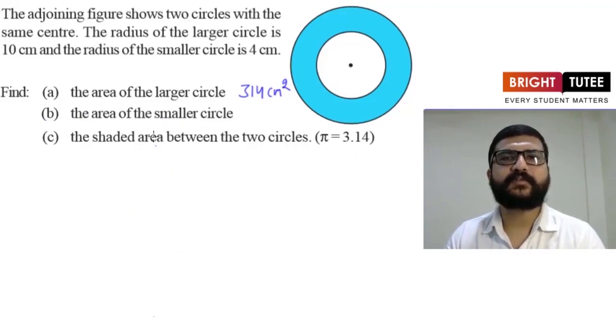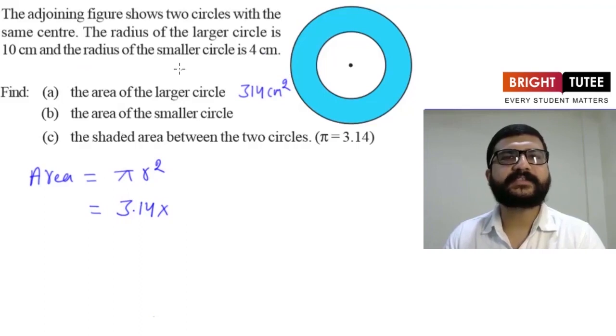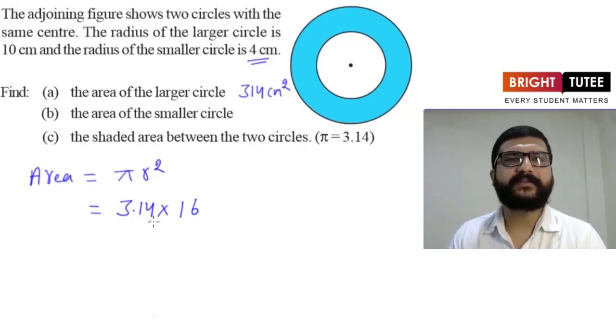Now the second part of the question is, we have to find the area of the smaller circle. Now how to find the area of the smaller circle? Again let's use the same formula, area is equal to pi r square. Now here value of pi is 3.14 and r square means 4 square, because the radius of the smaller circle is given as 4 centimeters. So 4 square means 16. So now we just have to find 3.14 into 16. And we know how to multiply numbers.